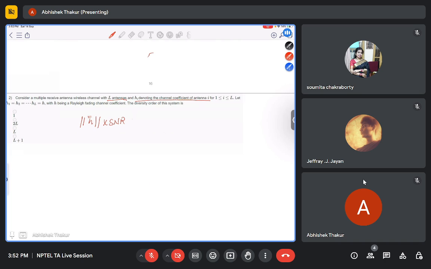So this will be the complete SNR. So that is equal to there are L channels with the same characteristics coefficient value. So this will be the actual SNR. So here we can write it as h squared into SNR prime. Here SNR prime is equal to L into SNR.